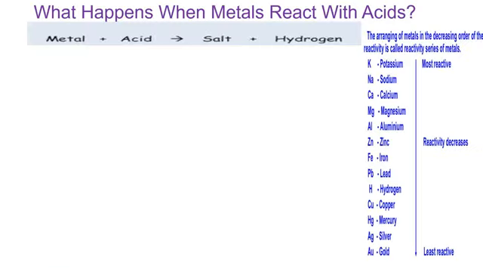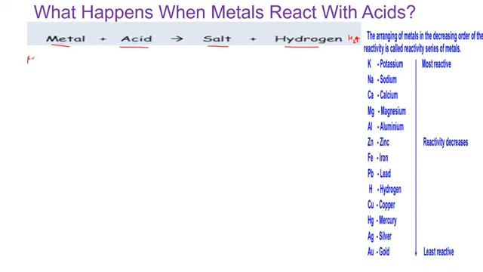So what happens when metals react with acid? The general equation for metals reacting with acid is: metal plus acid gives you salt, and it liberates hydrogen. So hydrogen gas is formed in this reaction, right? Let's start with a metal, magnesium, Mg.